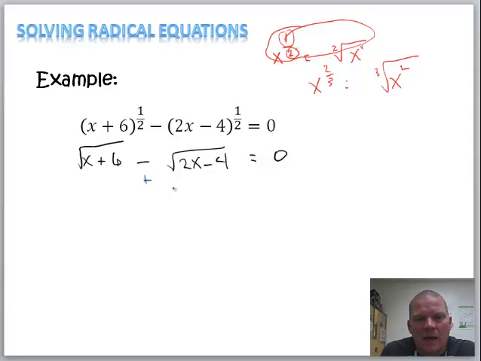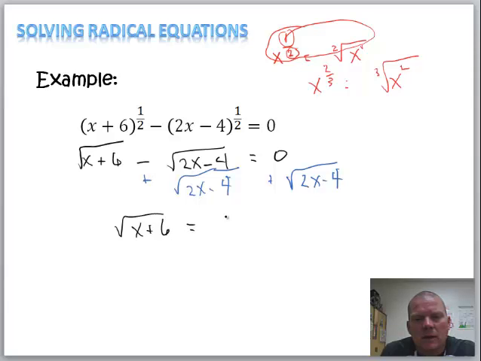So I'm going to add the square root of 2x minus 4 to both sides. And that leaves me with the square root of x plus 6 equals, now 0 plus that is just that, 0 goes away, the square root of 2x minus 4.